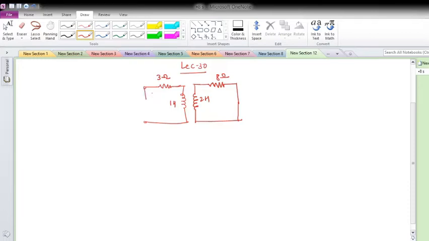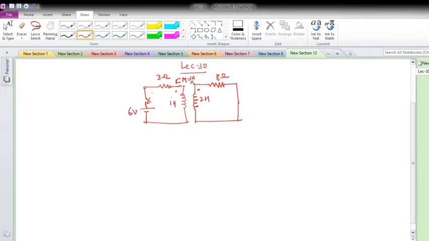Then a switch applies 6 volts this way, and these are my dot conventions, and the mutual inductance is 1 Henry.